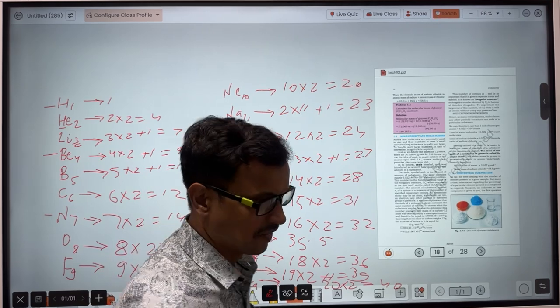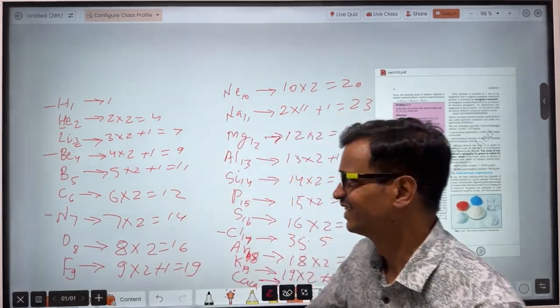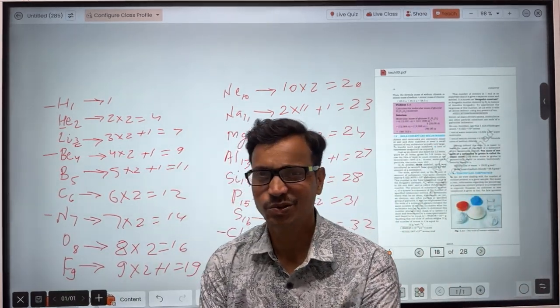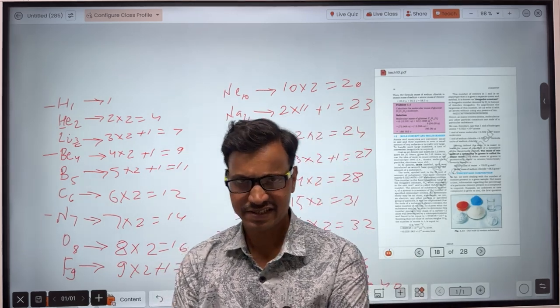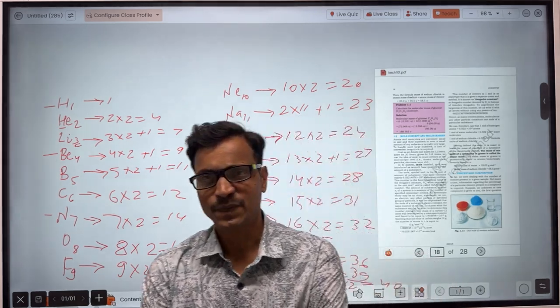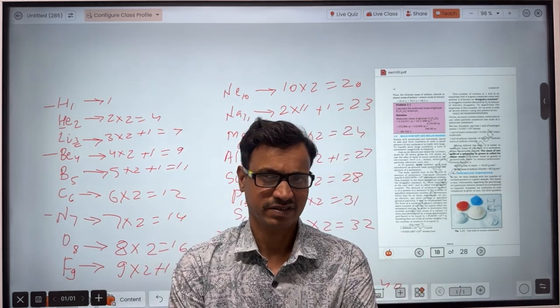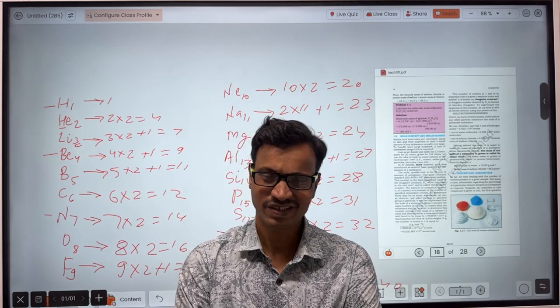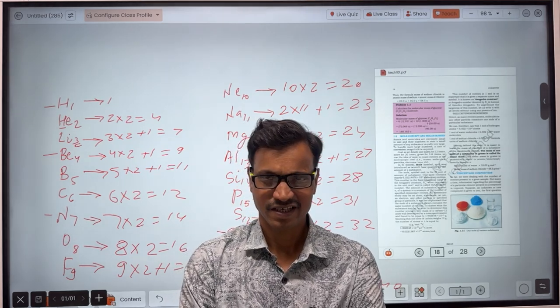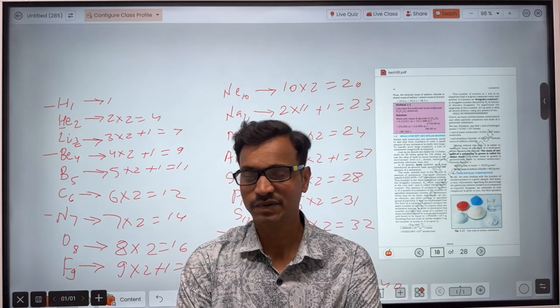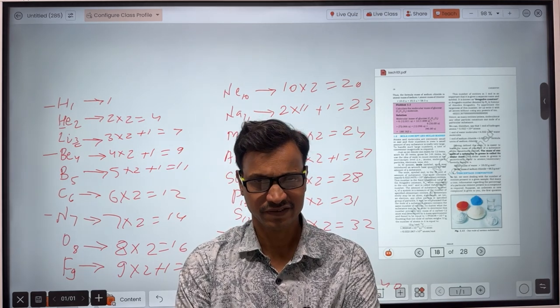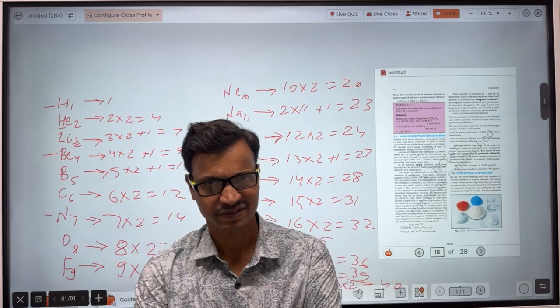If you get confused in the examination about when odd then into 2 only, or when even, then in this case, when the atomic number is an even number, the atomic mass will also be an even number. And when the atomic number is an odd number, then the atomic weight will also be an odd number.